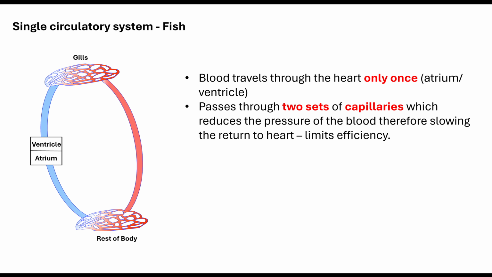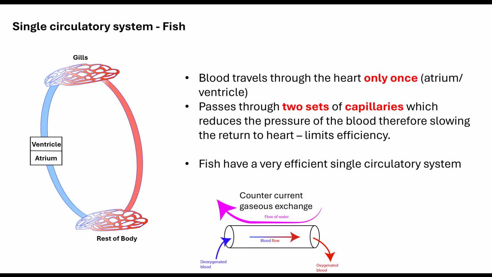So it's important to note that fish are very active, and because they're very active, they need an efficient exchange system. So fish actually have a very efficient single circulatory system because they have adapted their gills to have what's known as a countercurrent gaseous exchange. So again, do check out my video on the exchange system in the fish to understand how that countercurrent system works.